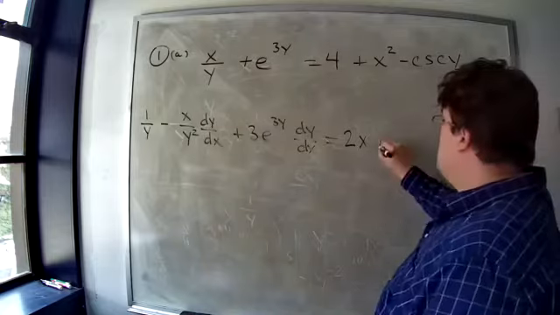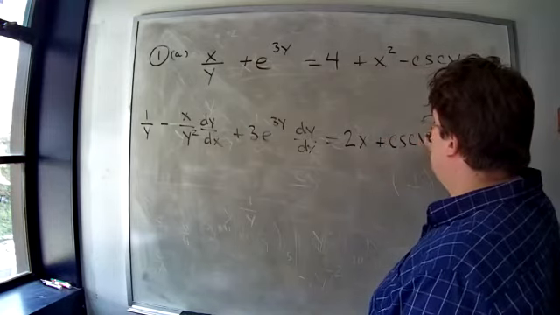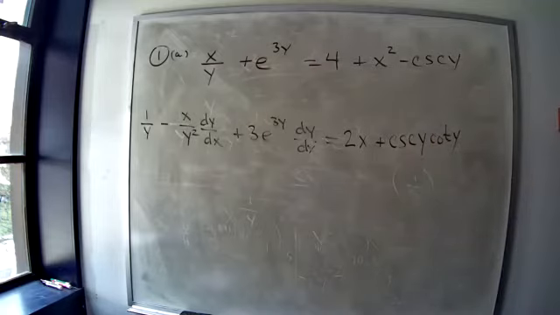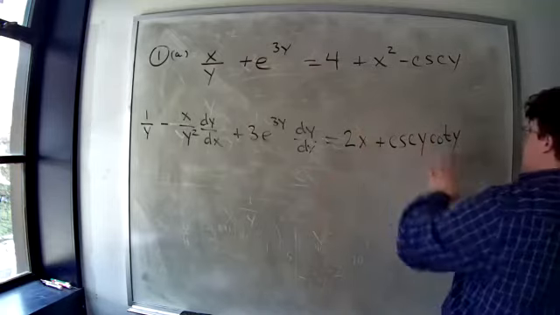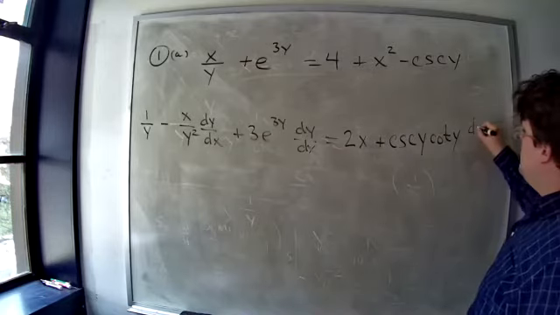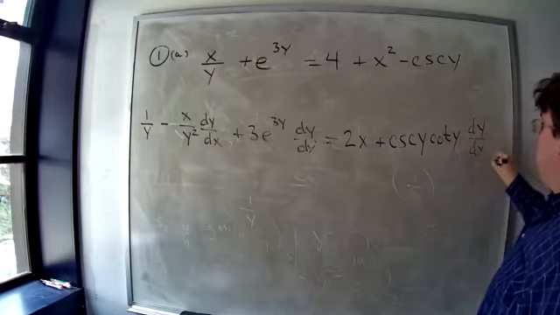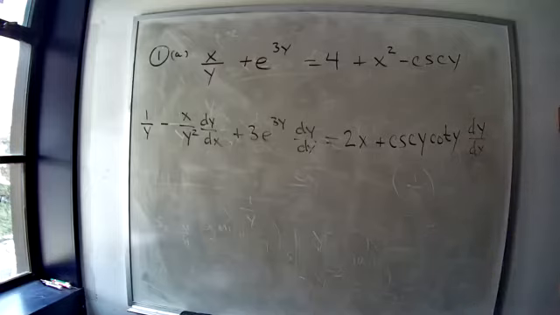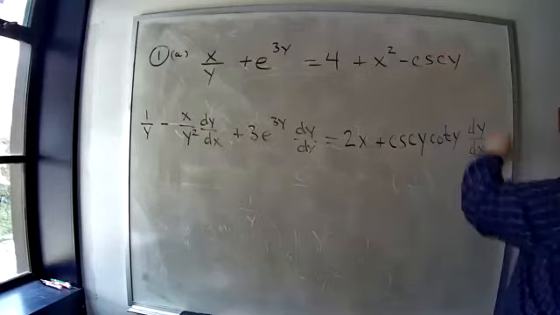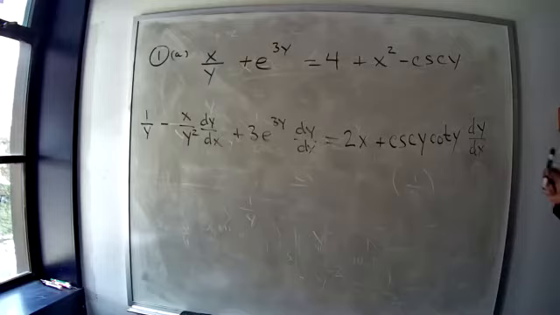So the negatives are going to cancel and make it a positive, but we have a y, we're taking the derivative of something with a y by the chain rule, so dy dx shows up, because we multiply by the derivative of what's in there, which is y. So derivative dy dx. Any questions about getting to this line?